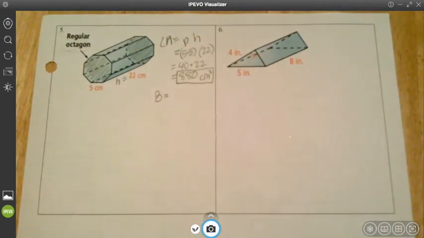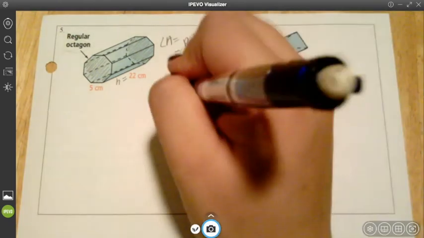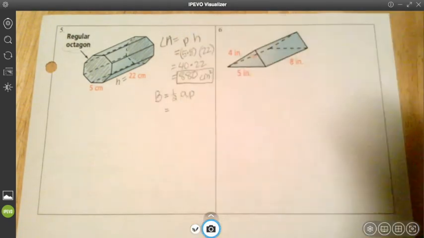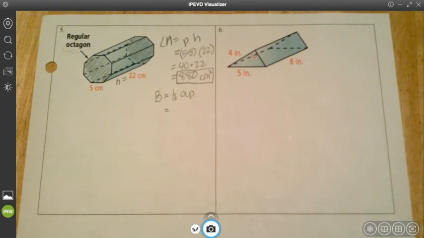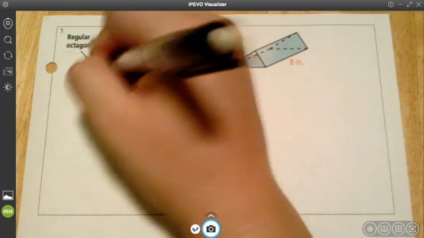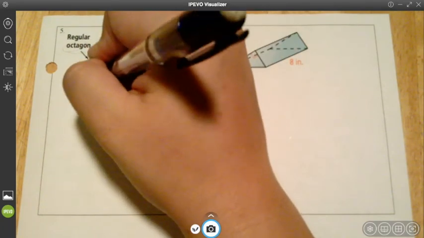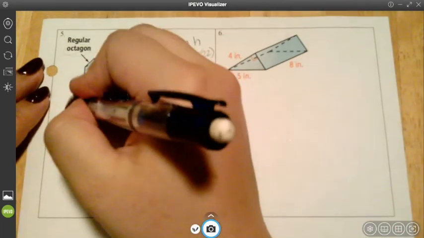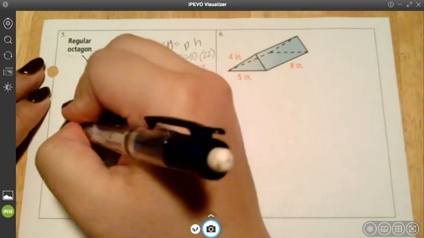Well, this is a regular polygon, so our area for the base is 1/2 AP, meaning we need to find our apothem. Well, if I'm looking at this octagon here, we can call that the center. There's my triangle that I need to cut out. So, draw this triangle.